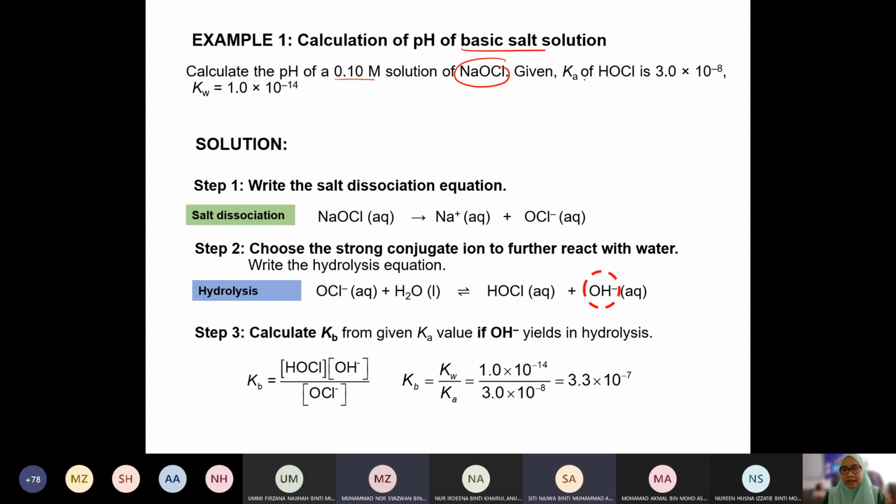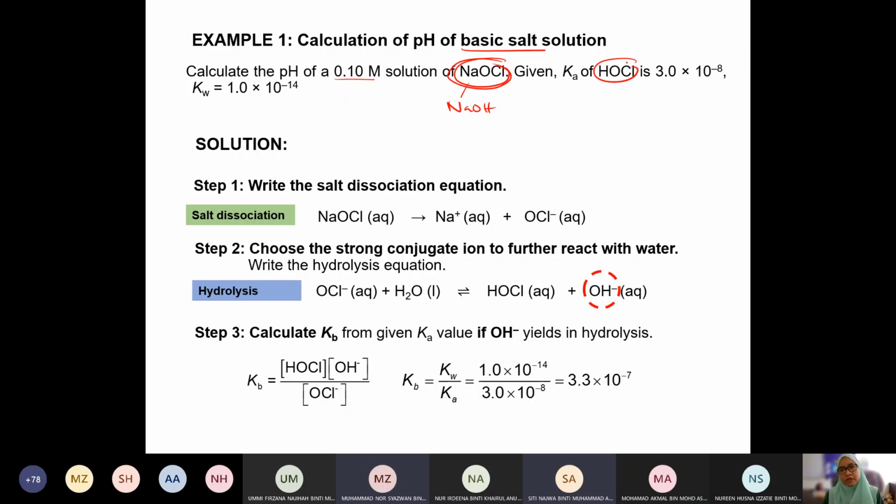Then given the Ka, because this is the acid, HOCl is the acid. Okay, and then this is obviously sodium, come from sodium hydroxide. Jangan ingat ni base pula. Tu yang masalah student tu. Dia nampak sodium OCl. Oh, sodium base kot. No. Okay, so you kena identify ini salt ke, ini base ke, or ini acid.